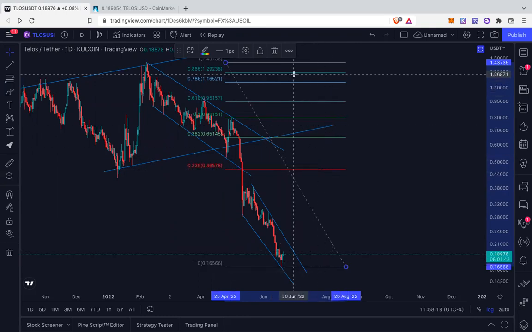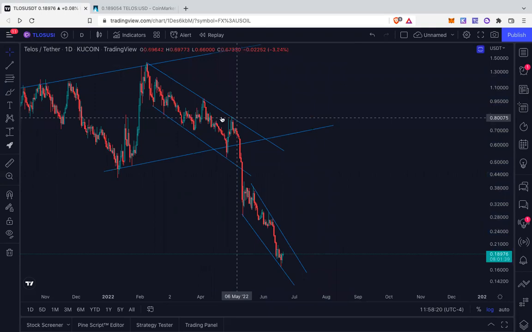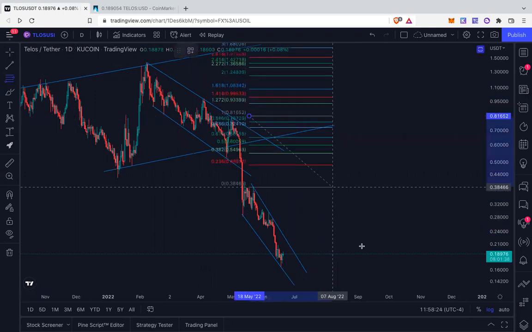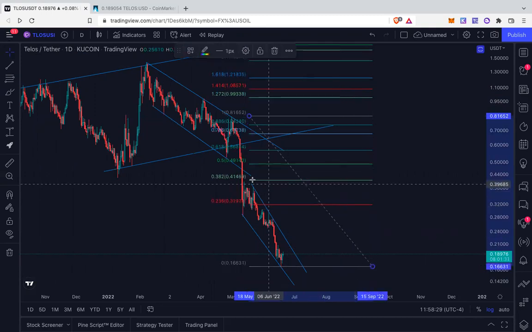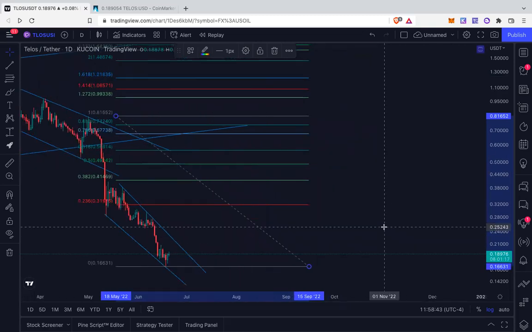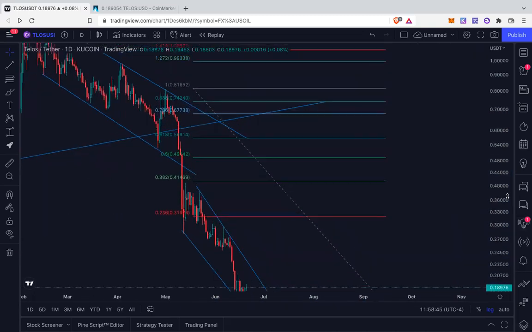Now I'm going to do it from this last peak before you broke out of that pattern. You could see, if you could break out of this channel, a potential 382, 50%, or 618 fib retracement rally to the upside.